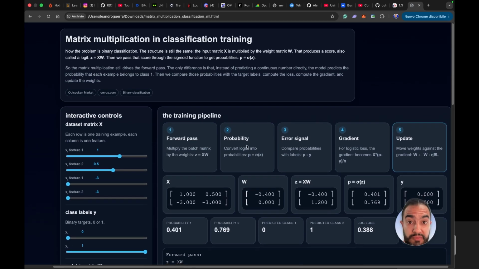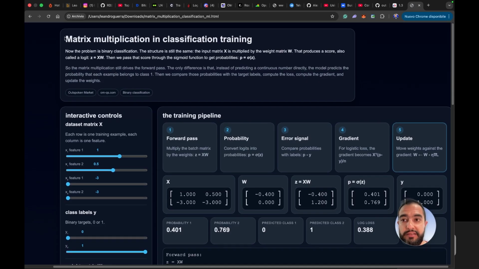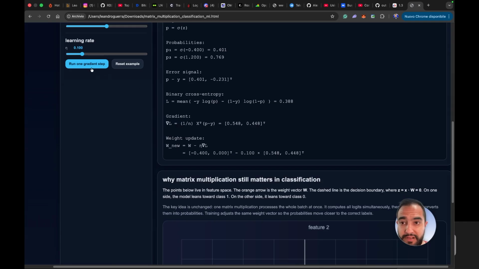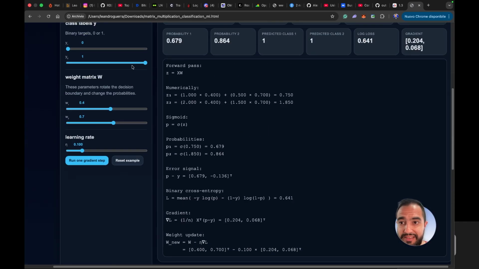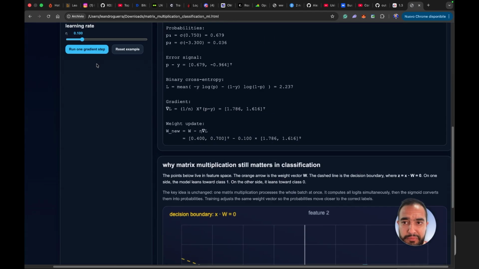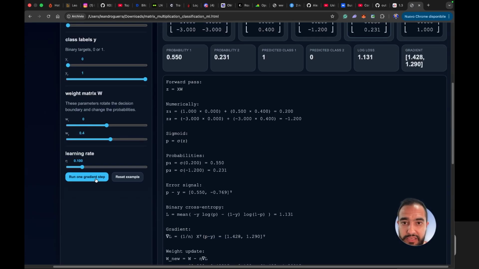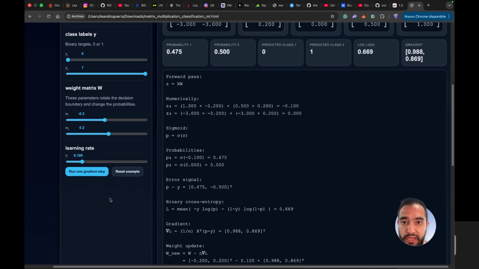So it's pretty cool. This is the motivation you should have in order to better understand matrix multiplication and the role of matrices in AI and machine learning. And remember our friend over here. Let me reset the example. Let me just play around with the numbers over here. And the decision boundary that we have, look, each time we run it, it shifts. In this case, it's horizontally set over there because we already reached our goal now.